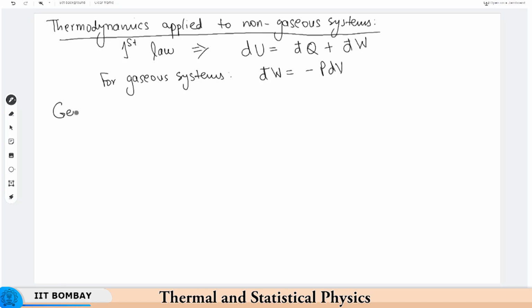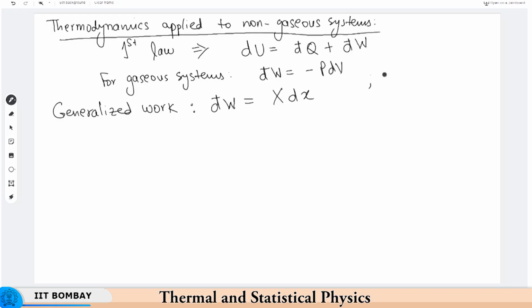So, generalized work, let us again call it dW, does not have to be pressure and volume, but it can be anything which looks like X times dx, capital X times small dx, where of course in this case X corresponds to pressure and small x corresponds to volume for a gas. Here pressure is an intensive quantity, and whatever comes in front of the differential is an extensive quantity.